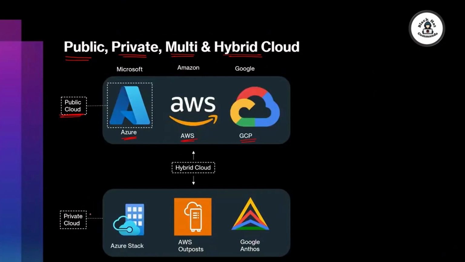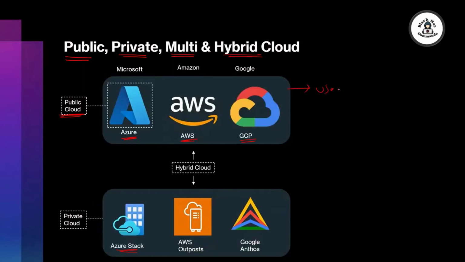And when it comes to Azure Stack, that means a company has registered and only that particular server should be accessed only for those environments. The same for AWS Outposts and Google Anthos. The names are different, but the functioning is the same.